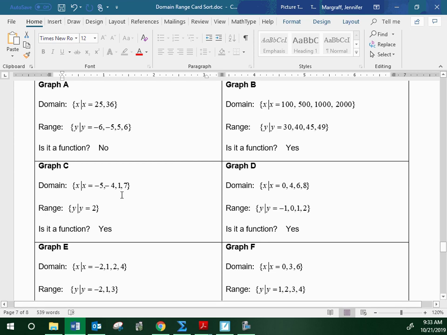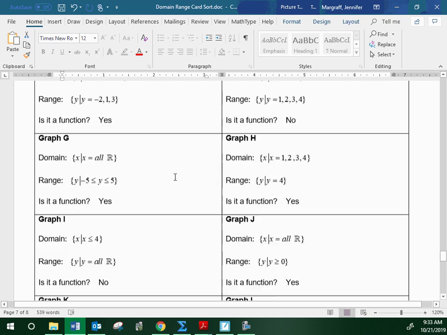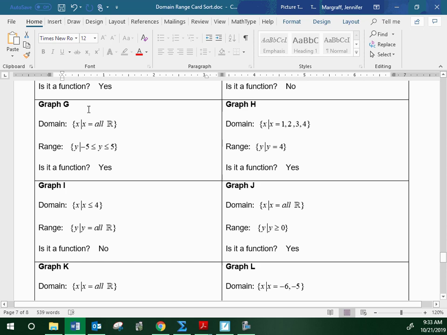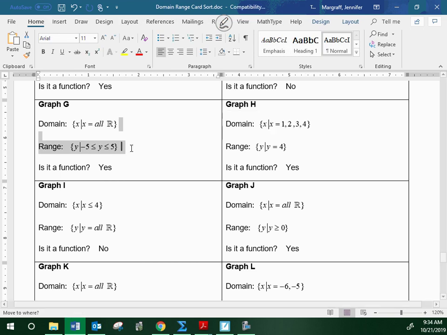So these just being points, were probably just points on the graph or tables. And now, remember that we don't say x equals all real numbers. What we do is we write, I'll write off the side here, we use that weird C-looking thing, so x such that x belongs to real numbers.